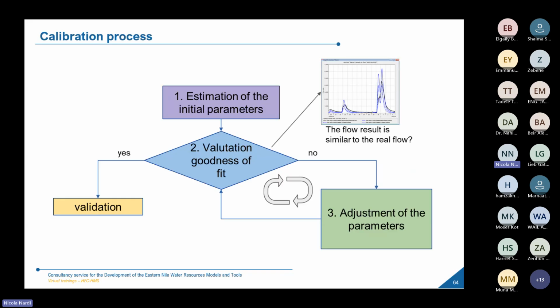And so, how does this process work? First of all, we have the estimation of the initial parameters, that is something that we have already done. And then we have what is called the evaluation of the goodness of fit. What does it mean? It means a comparison between the results and the observed data. Unfortunately it is a bit small.